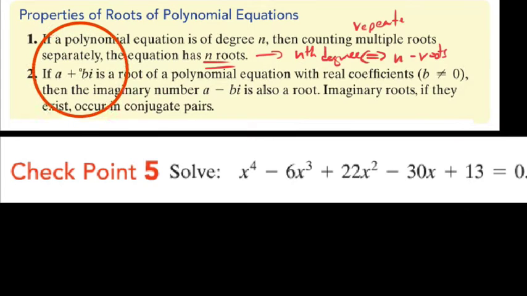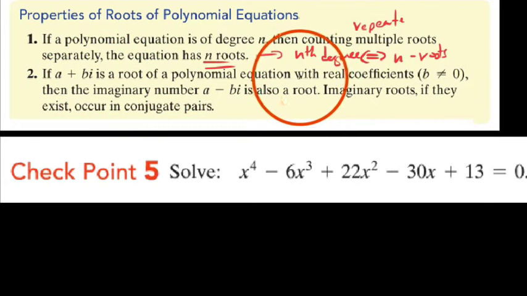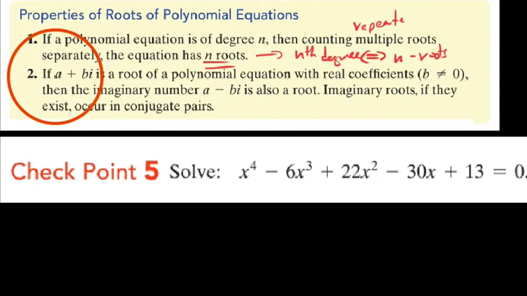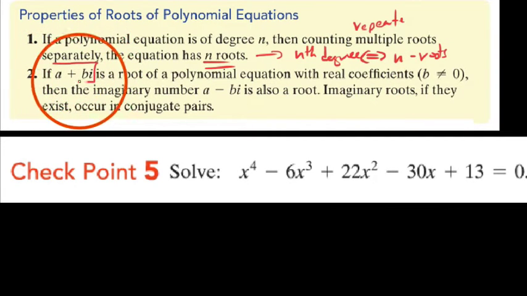So it says also here another property: if a plus bi is a root of a polynomial equation with real coefficients such that b does not equal 0, that means that there's actually an imaginary part to this, then the imaginary number a minus bi is also a root. So we say imaginary roots, if they exist, occur in conjugate pairs.